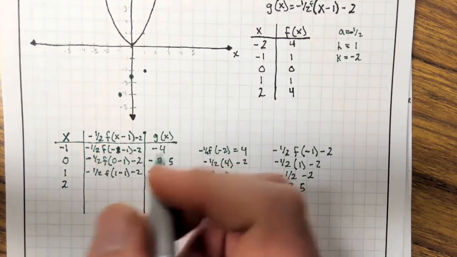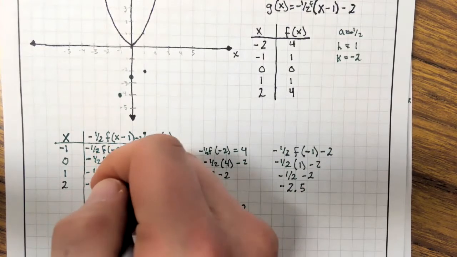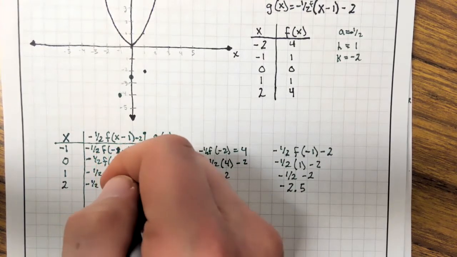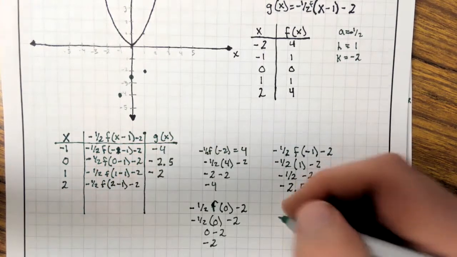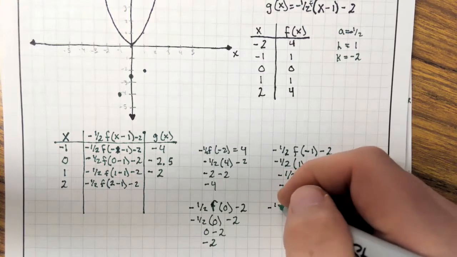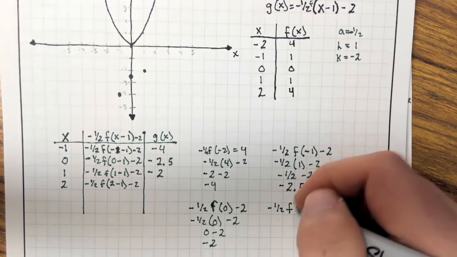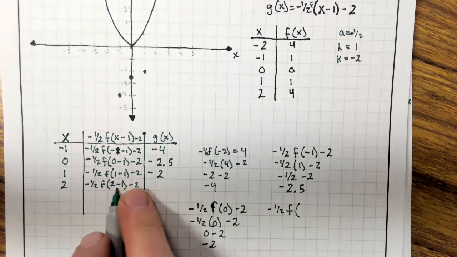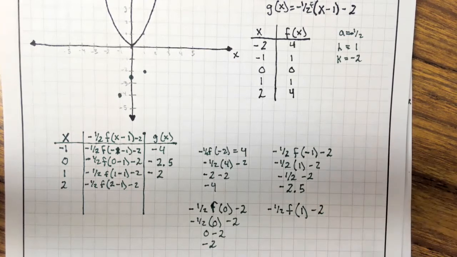If I plug in 2, this becomes -1/2 times f of 2 minus 1, minus 2. Once again, -1/2 times f of, well, 2 minus 1 is 1. Then I subtract 2. f of 1, hopefully you're able to read it from the table up here.